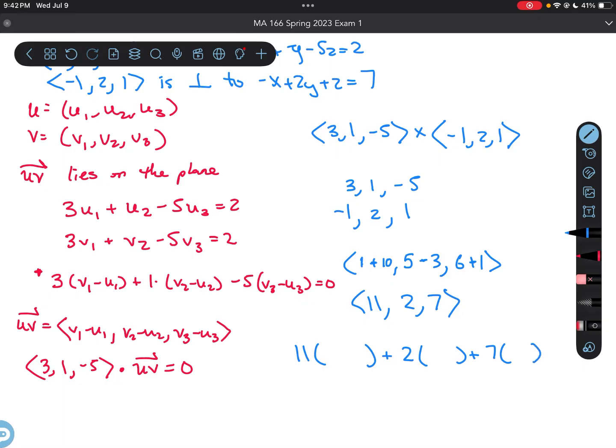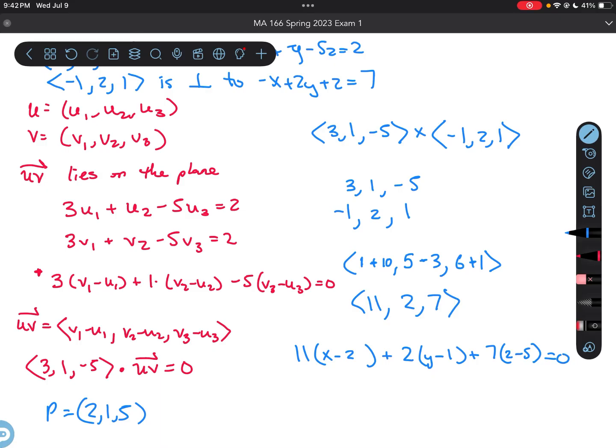Now we don't have to do anything fancy. They give us that P is equal to 2, 1, 5, so the formula for this plane is 11 times x minus 2, plus 2 times y minus 1, plus 7 times z minus 5, equals 0.